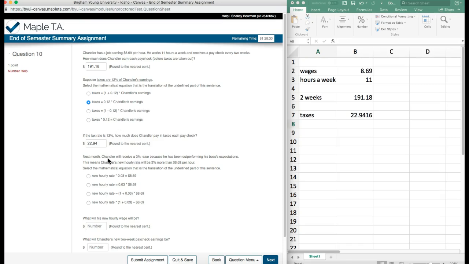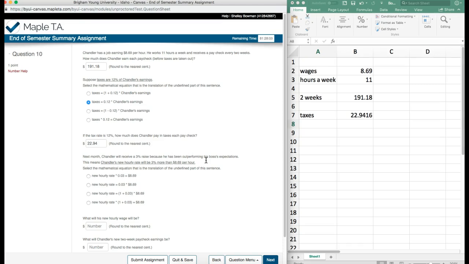So Chandler's new hourly rate equals 3% more than. So 3% more than means that I have 100% of what he makes plus an additional 3%. So I need 100%, or 1, because I'm working with the number, not the percent, so I can think of it as 100% plus 3%, or 1 plus 0.03.